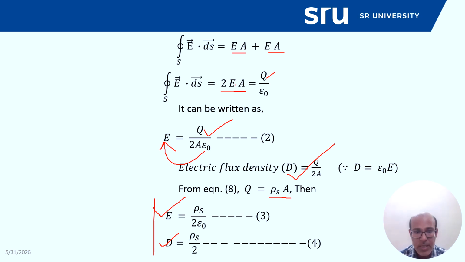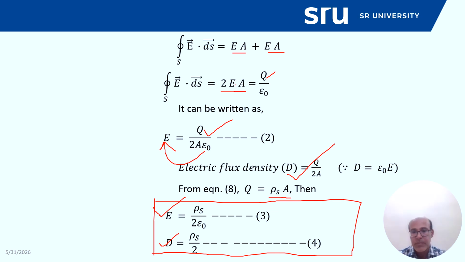If you look at these two expressions, you will understand that the area doesn't matter how large the area is. Is it infinite or finite? Doesn't matter. What matters is rho s. How much charge is present in a given unit area? That's what matters.